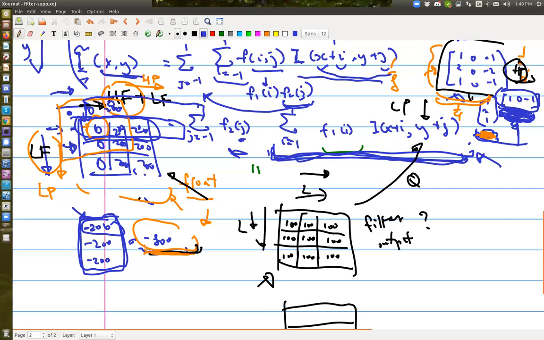And then on this side, I will also copy this into here. So that would be the boundary problem.